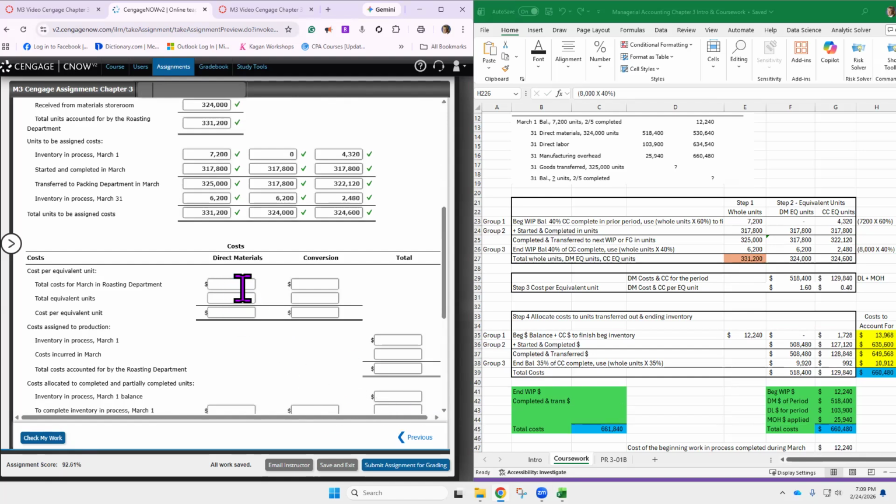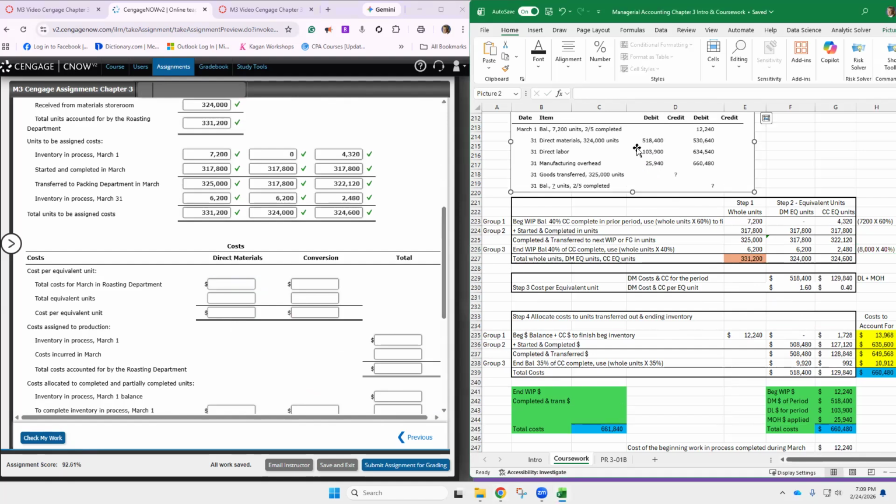All right, so the total cost for direct materials is 518,400. So how do you know that? Because here's my little sheet. 518,400. Key that in. Okay, go ahead and key in the conversion cost.